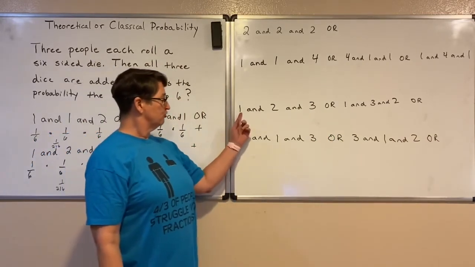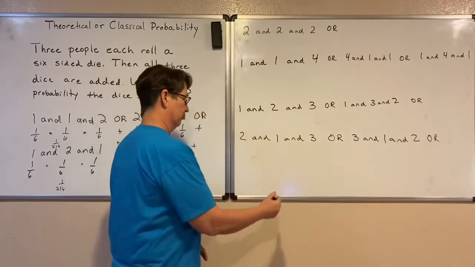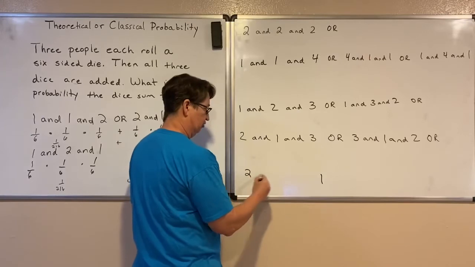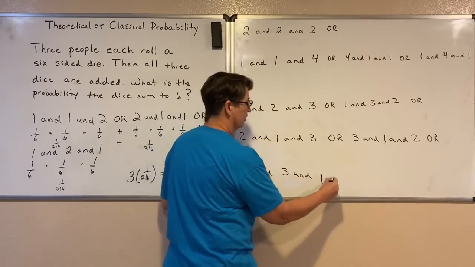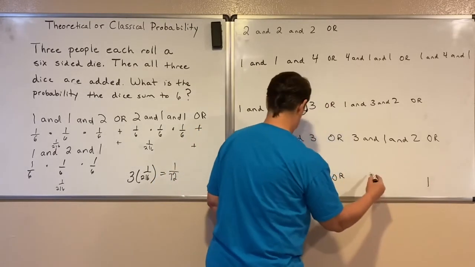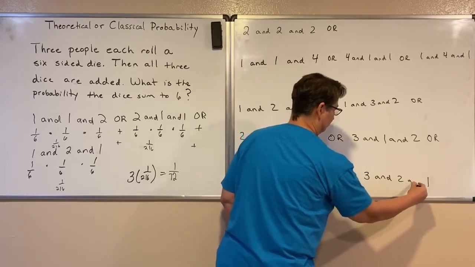Or, so far the first one's rolled the 1, the second one rolls the 1. Let's see if the third one rolled the 1. Then the first one could roll the 2, and the second one could roll the 3. Or, the last one still rolling that 1, the first one could roll a 3, and the second one roll a 2.